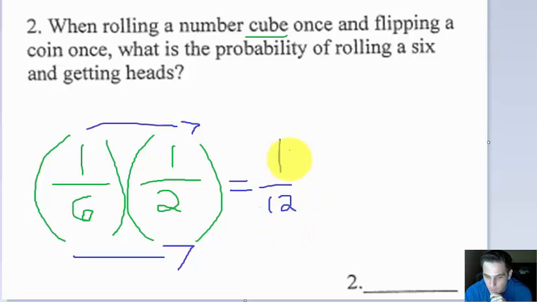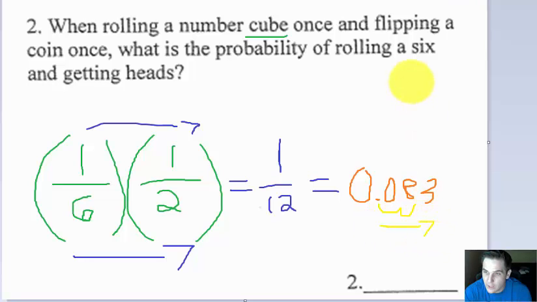So it could be 1 over 12 as your answer, or you might have to divide, which gives you something like 0.083. I know it's an ugly 8 there. Move it twice to the right to turn it into a percentage, and you get a final answer of 8.3%.